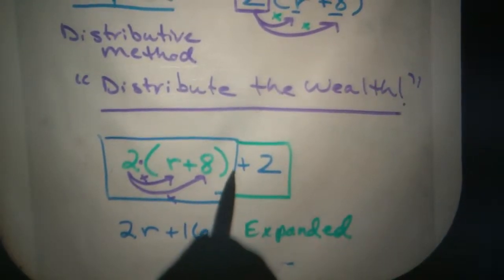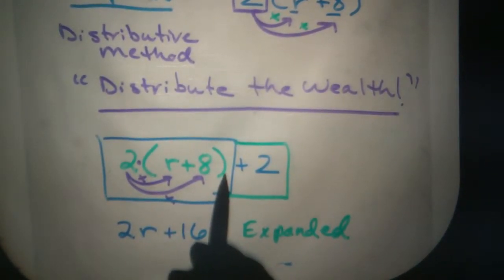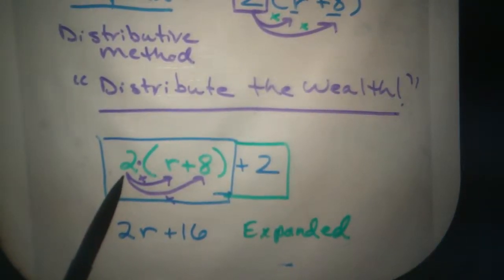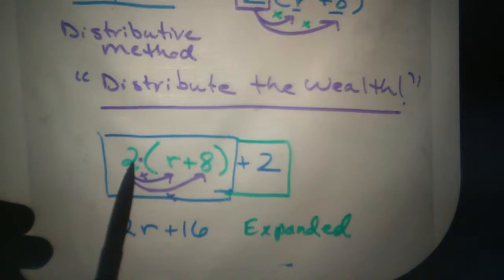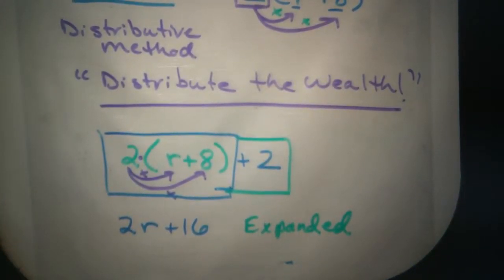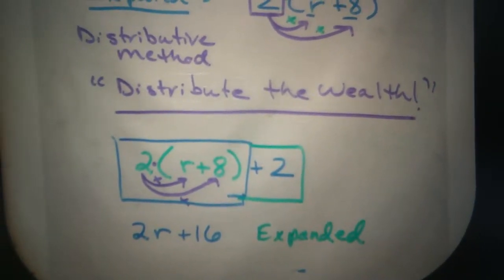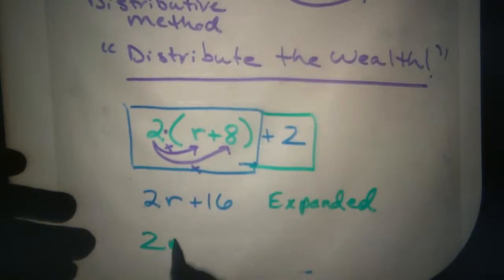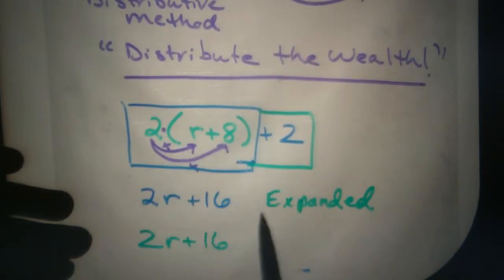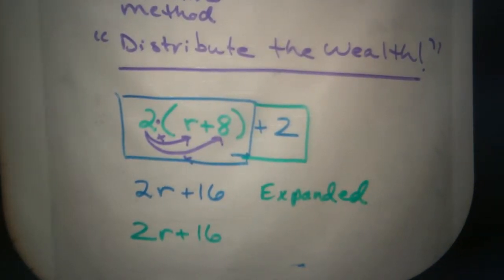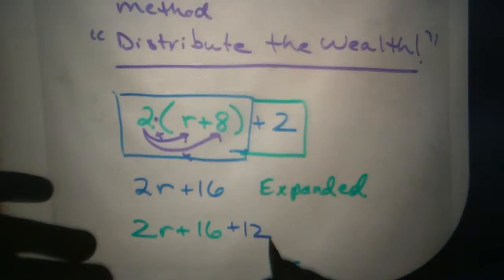It is not butting up or connected to the parentheses in any way. So it has nothing to do with this distributive property. We do not distribute the wealth of this 2 with this 2. It is not connected in any manner. If we did have that, we would then have 2R plus 16 because we've distributed this wealth, and then we would just simply add our 2.